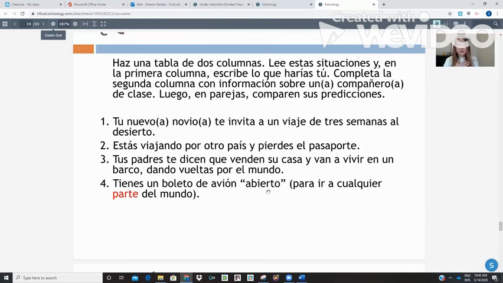Si yo tuviera un boleto abierto de avión, yo iría por toda América del Sur, todos los países en Europa, yo iría a Australia, a Nueva Zelanda, yo iría por todo el mundo si yo tuviera un boleto abierto. Sería increíble, clase. Sería increíble hacer esto.